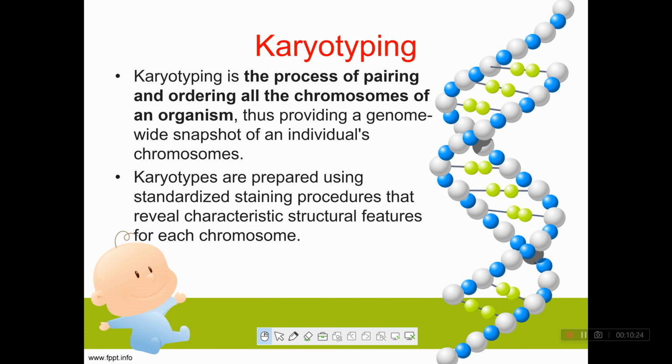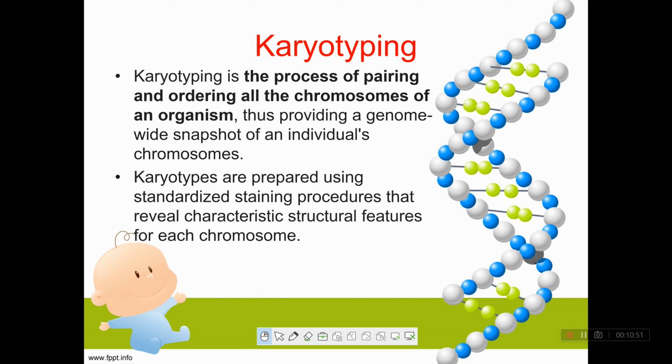So, the next topic is karyotyping. What is karyotyping? Karyotyping is the process of pairing and ordering all the chromosomes of an organism.